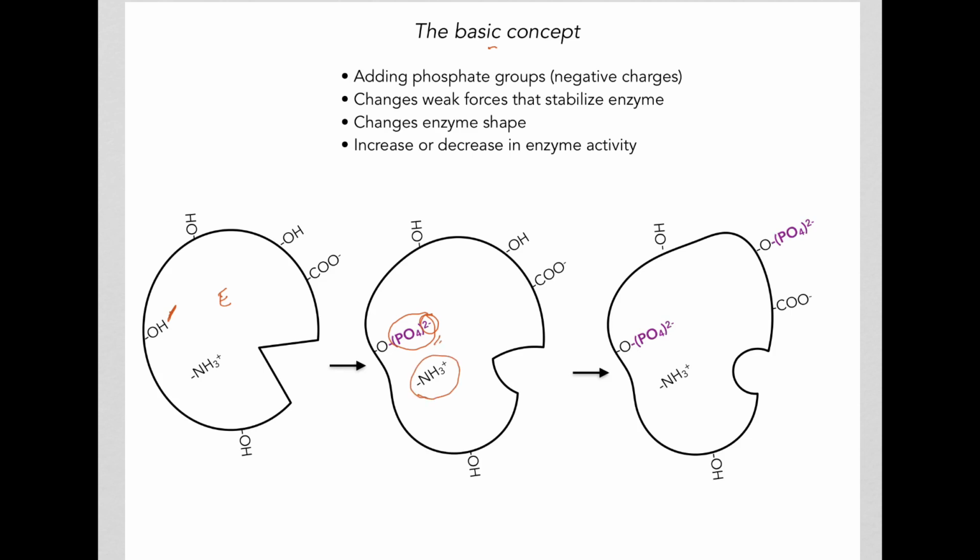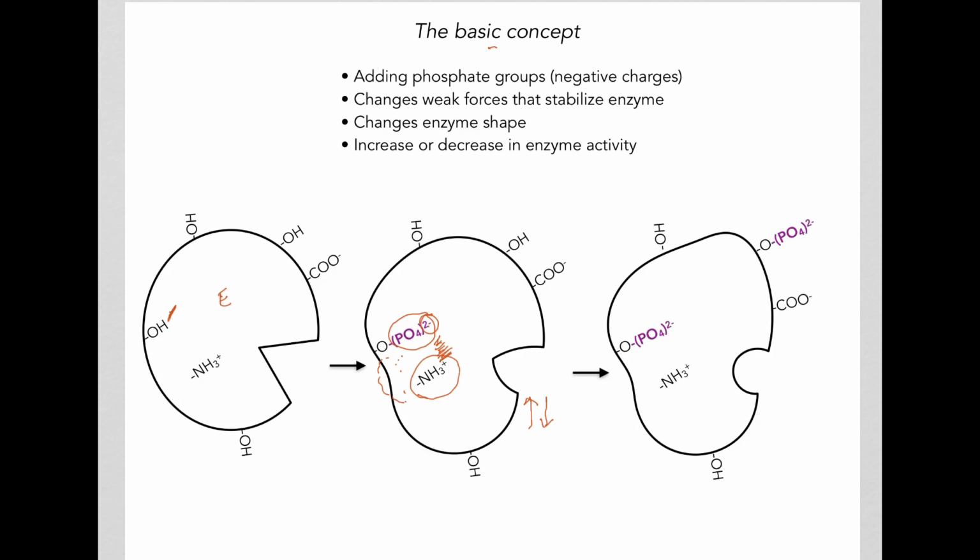This is going to result in an electrostatic attraction between the negative and the positive, and that's going to change the shape of the enzyme. As the enzyme shape changes, the activity of this enzyme may either go up or go down.